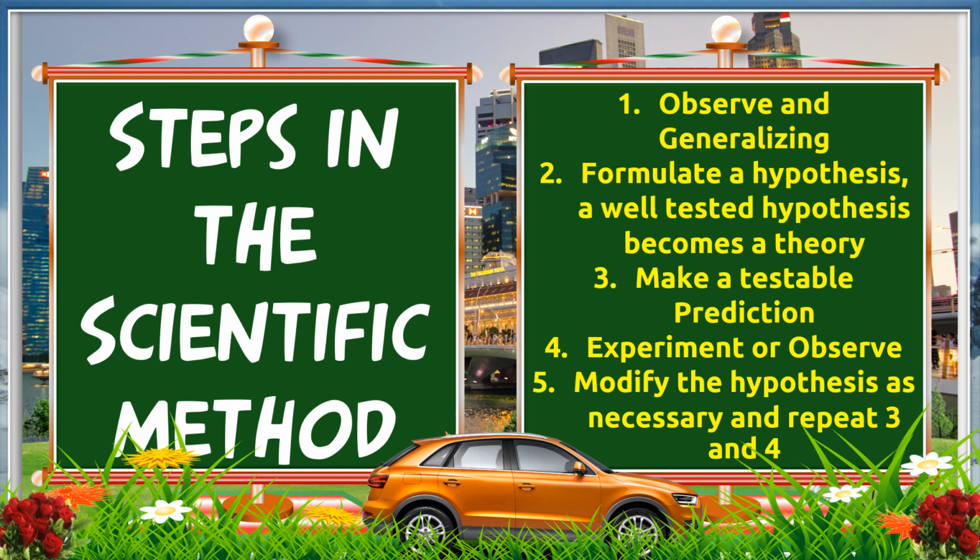A well-tested hypothesis becomes a theory. Make a testable prediction. Experiment or observe. Modify the hypothesis as necessary. And repeat steps 3 and 4.